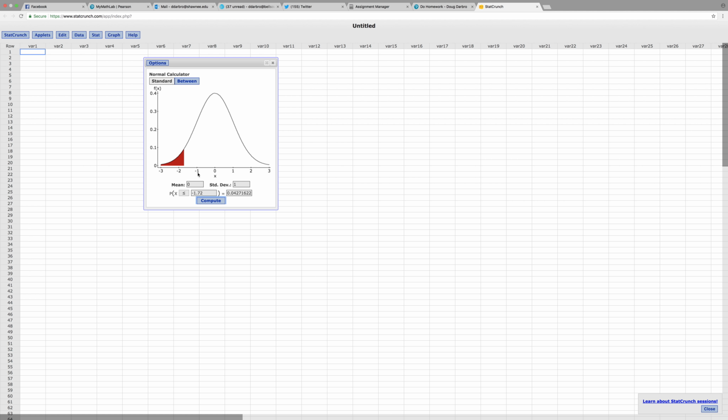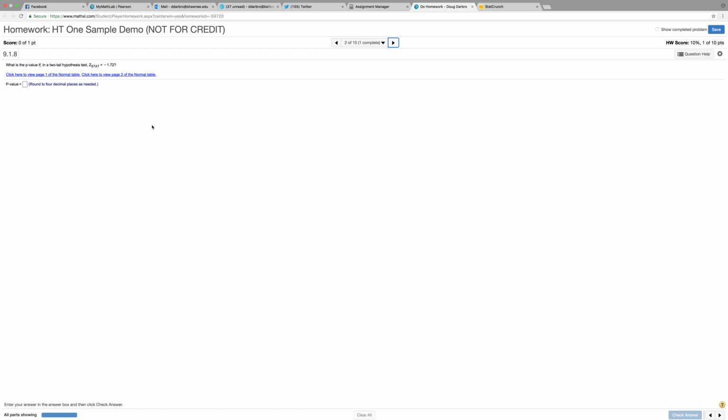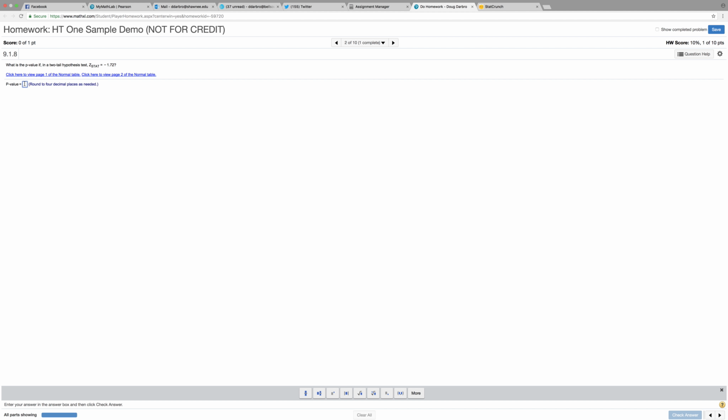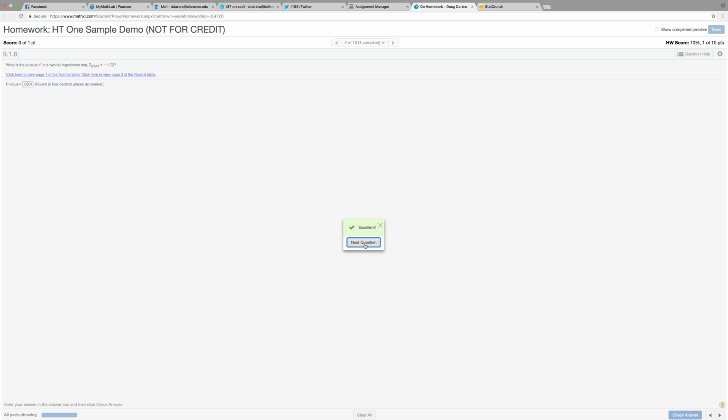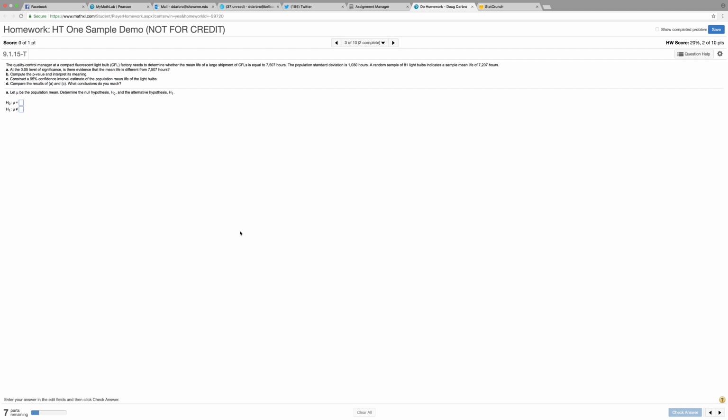And that's going to give us the area here. But remember, in a two-tailed test, we also have to have that area as well. So I need to take 0.0427, and that looks like it's going to be 0.0854. Now, in a one-tail test, we wouldn't have multiplied by 2.